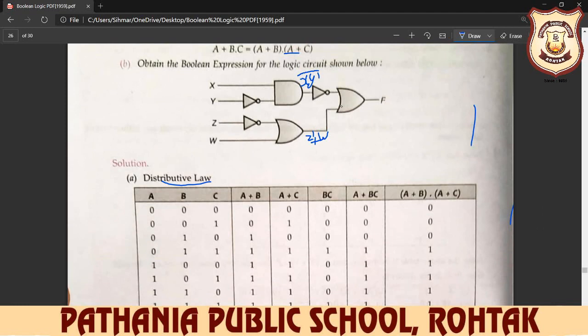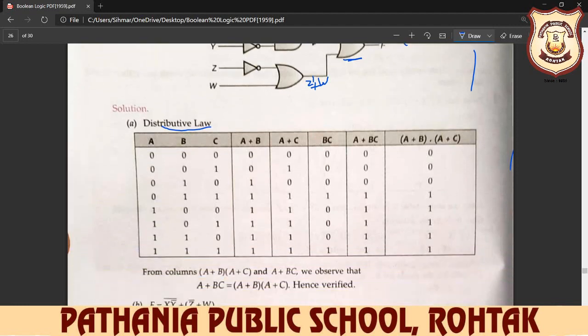So your output is, what is the answer? X, Y complement, whole complement, plus Y plus, because the OR gate is here, Z complement plus W. So this is the answer of question number B.